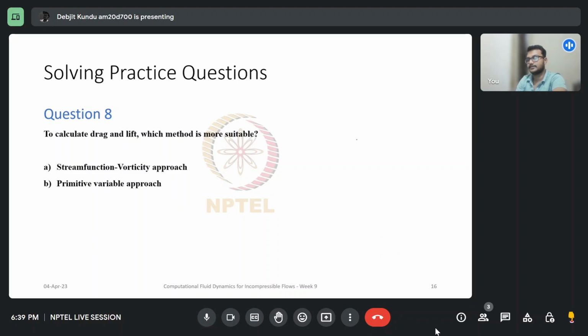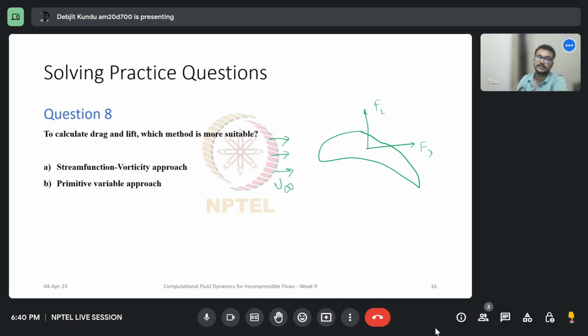So let's say we have an aerofoil like this, and we have a flow incoming like this, and we want to calculate what would be the total drag force and lift force. These are the two primary forces experienced by aerofoils or any solid bodies which encounter a fluid flow around it.